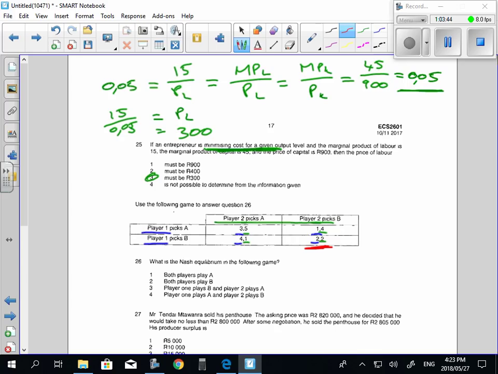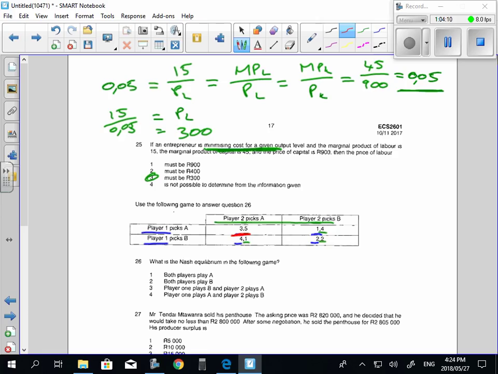Wait, hang on. Okay, wait, so instead of starting at the bottom over here, we're going to start over here. So that's what they're currently both earning, 3 and 5 respectively.